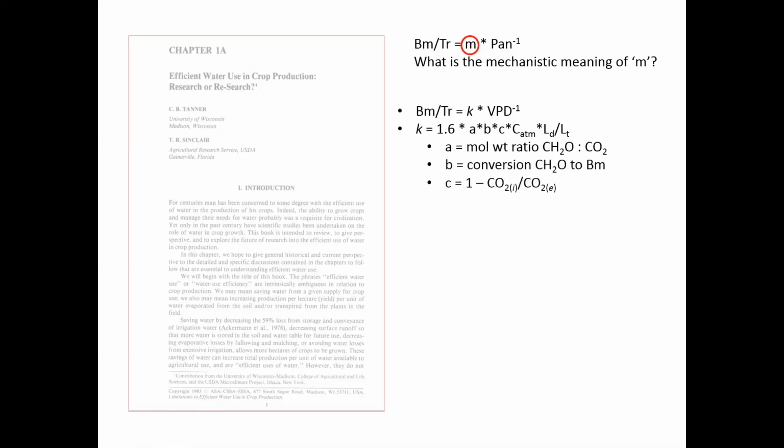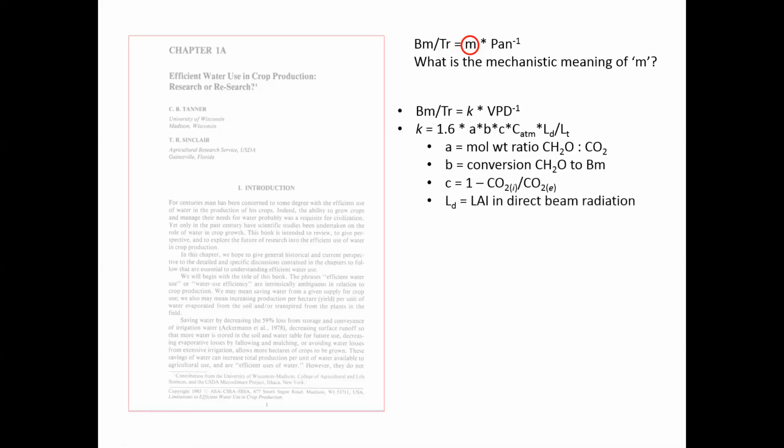The C coefficient here is equal to 1 minus the CO2 concentration inside the leaf divided by the CO2 concentration in the surrounding atmosphere. And this is multiplied by the CO2 concentration in the atmosphere. So this actually, the C times the C atmosphere actually reduces to the ratio of CO2 concentration inside the leaf divided by the CO2 concentration outside the leaf.